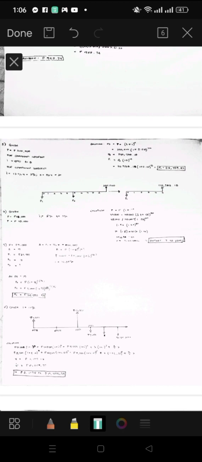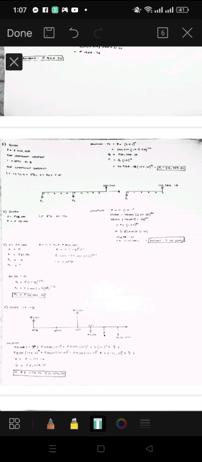The principal is 25,000, F is 45,000, and I is 8 over 4, since it is compounded quarterly, which is equal to 2%.